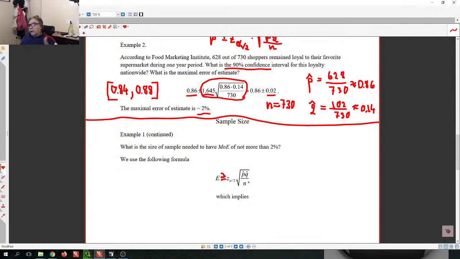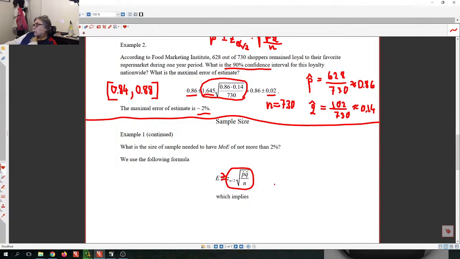In the first example, I have 4.5% for a margin of error. So let's say I don't want to have 4.5% margin of error. I want to have much smaller. I don't want to have it bigger than 2%. Then 2% is the error tolerance. So the margin of error requirement is that it's not going to exceed the error tolerance. The error tolerance is 2%.